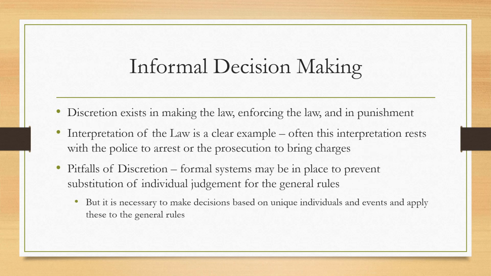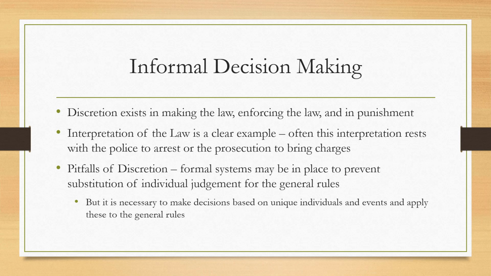Informal decision-making or discretion exists everywhere. There may be an interpretation of law. Very often, this rests upon the police or the prosecution to decide to bring charges. If you're caring for someone and you've been taking care of them for 20 years and they're very ill and you were supposed to change their oxygen tank and one day you fall asleep and they die, and the cause of death is determined, the question is, would a prosecuting attorney at that point decide, well, I'm going to bring a murder charge there?